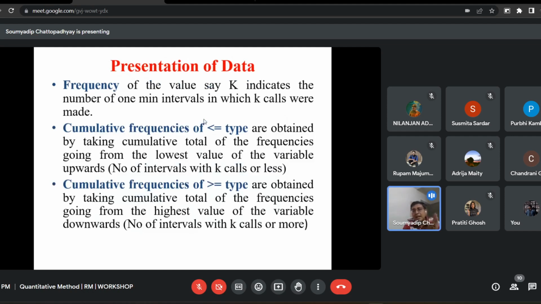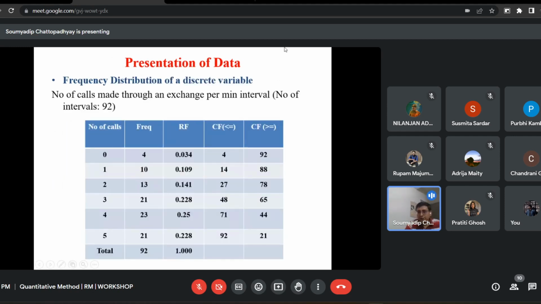Cumulative frequency of less than type is obtained by taking the cumulative total of the frequencies going from the lowest value of the variable upwards. For example, you start with 4 and then add the next frequency to get the cumulative frequency of less than type: 4, 14, then 27, then 27 plus 21 is 48, and so on.